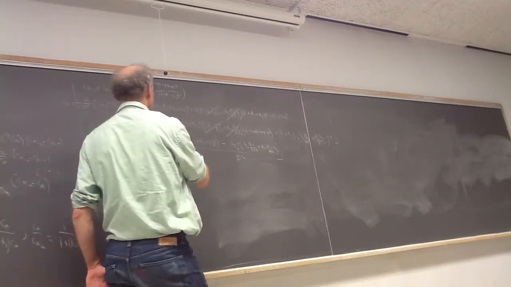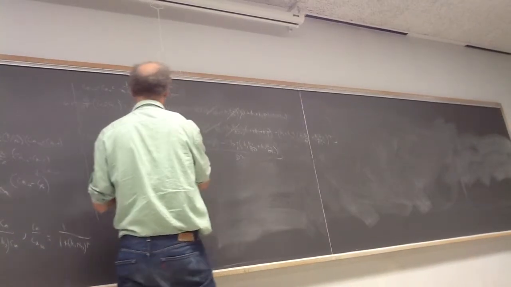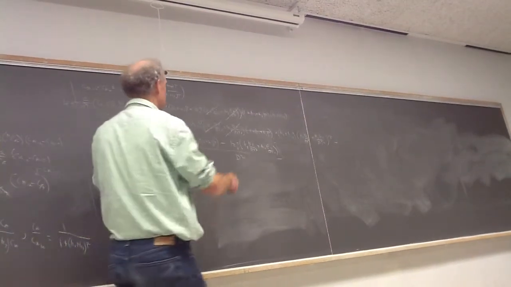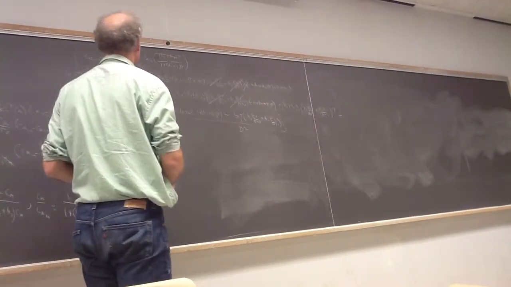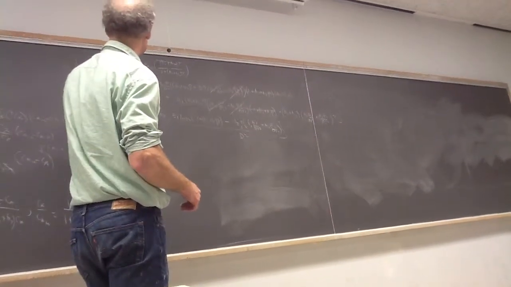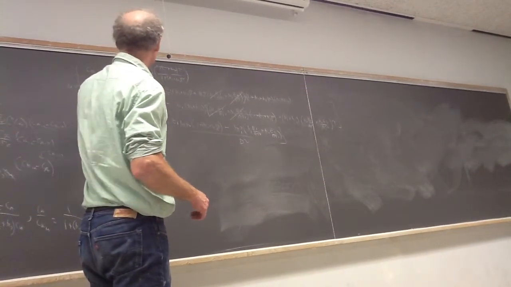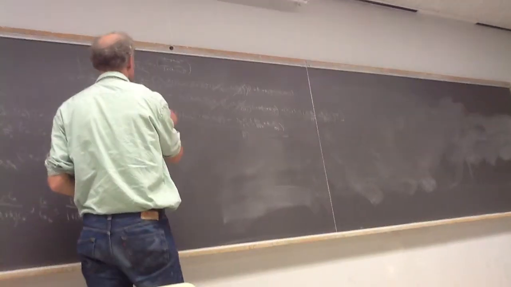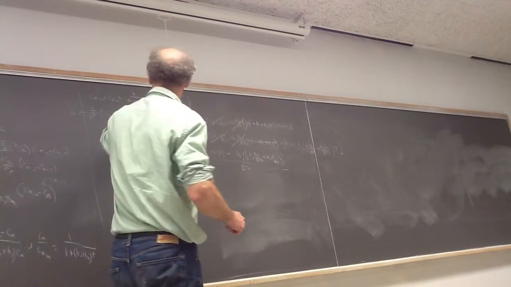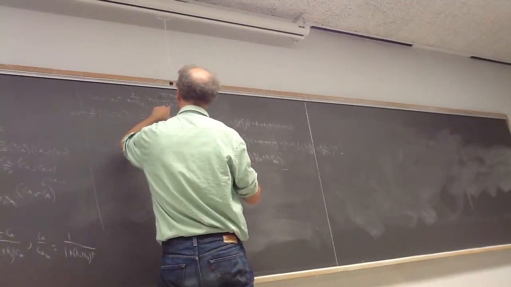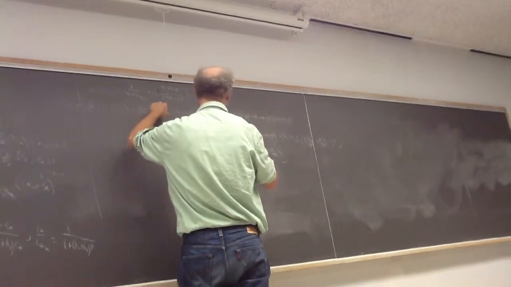Okay, so this is K1. Did I lose a tau? I've got this tau out here. So I'm going to put this tau back in. So I have a tau here, K1 tau, K1 tau, and down here I have another tau.